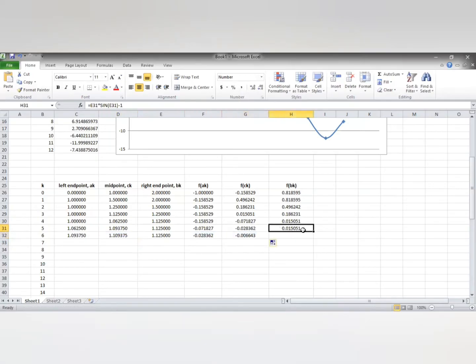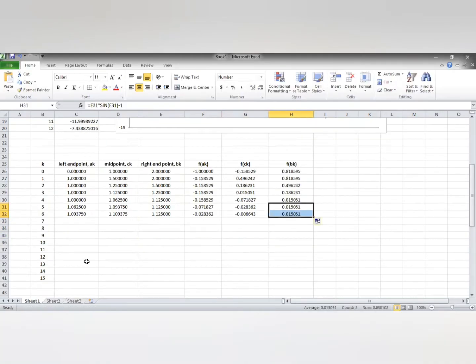We will stop if the function of C is equal to 0, but since we consider 6 decimal places, we need to make all of this equal to 0. Still they have opposite signs.